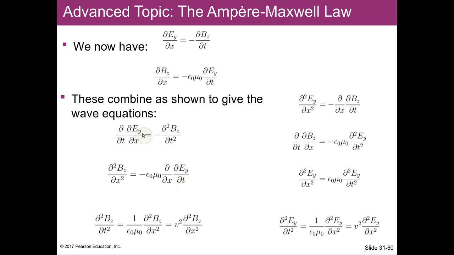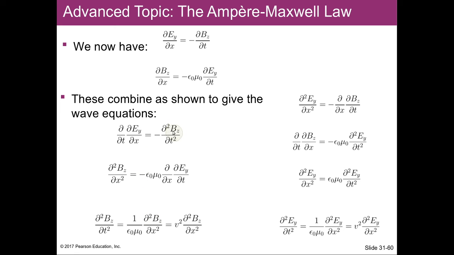And so if I just insert this over here, I get two minus signs that cancel, and I get the left hand side, and on the right hand side I just get my constants and d Bz by dt.